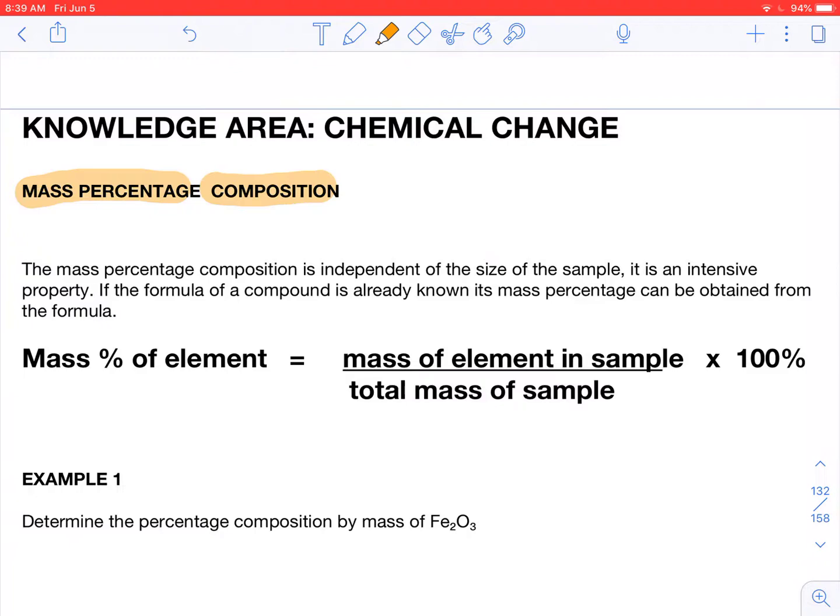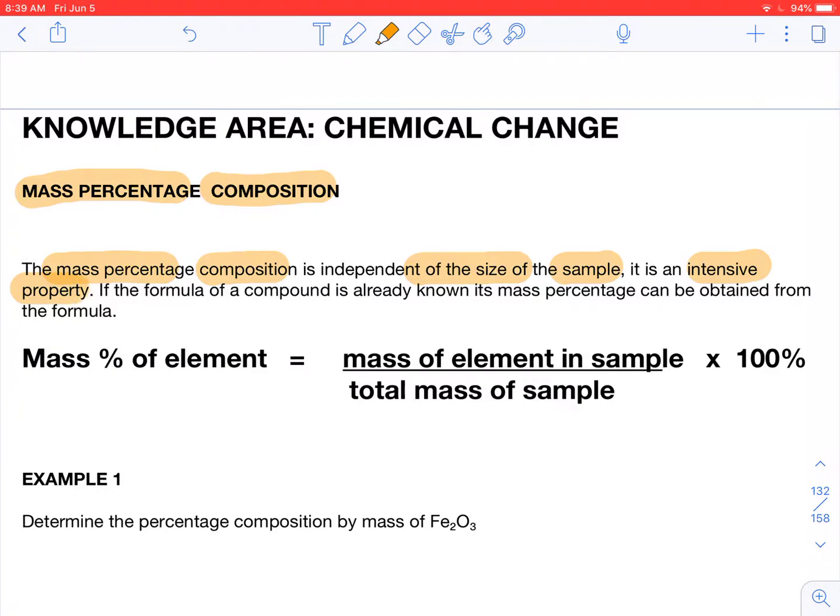But we are dealing with a mass percentage, so the mass percentage composition is independent of the size of the sample, and it is an intensive property. We dealt with what an intensive property is.